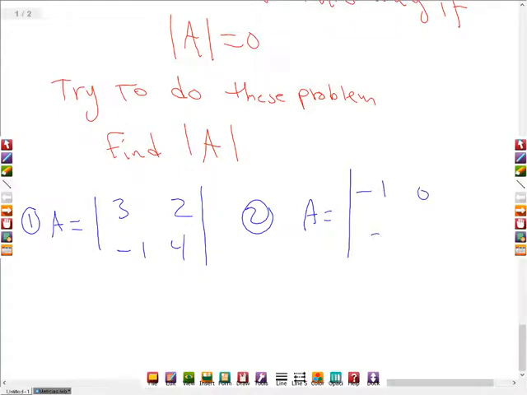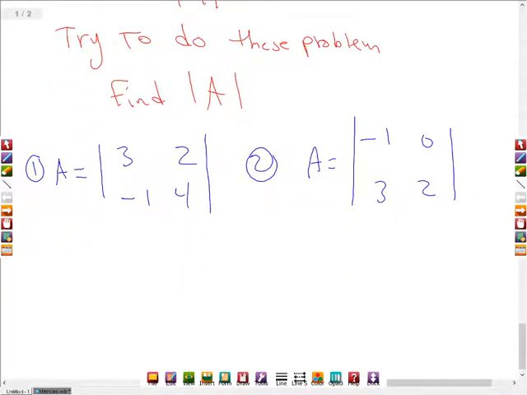Negative 1, 0, 3, 2. Three. I should use this for matrices. Two, 3, negative 2, 1, 0, 2, 5, negative 3, 4.